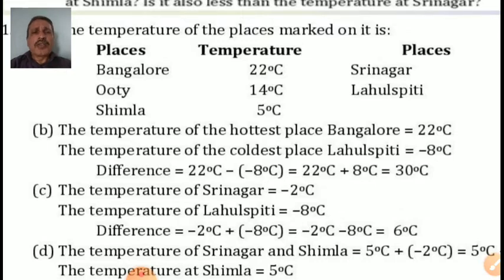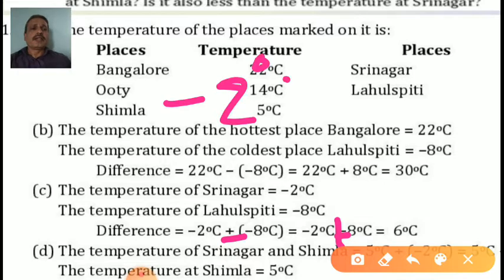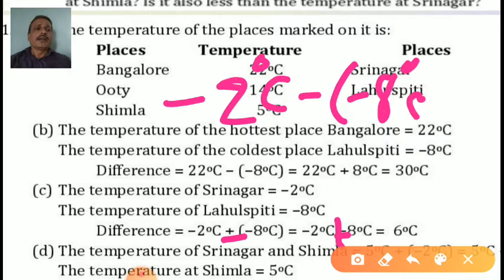What is the difference here? Minus 2 degrees centigrade minus minus 8 degrees centigrade will give 6 degrees. Here is the plus sign, not a minus sign, because it is minus into minus, which gives us a plus. Once again, students: minus 2 degrees centigrade minus minus 8 degrees centigrade. Now this minus into minus will become a plus.